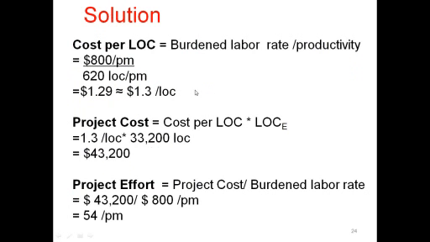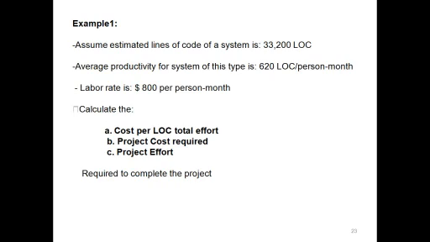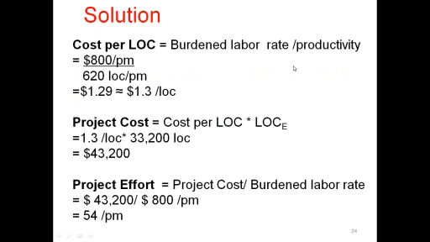So we just substituted the value. Productivity is at 620 per person month. Now, if we are to do the computations here, that will give us $1.29. So we can also consider the final result as $1.3 per line of code.